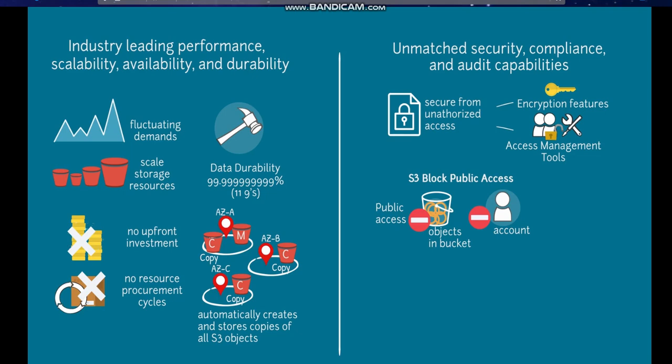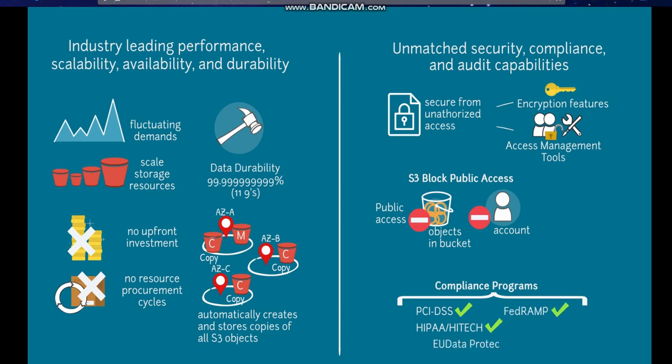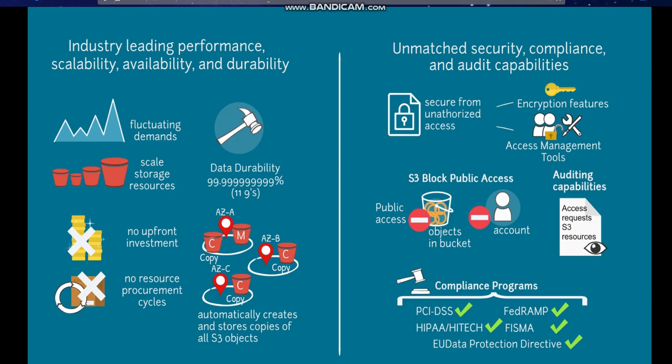You should enable block public access for all accounts and buckets that you do not want publicly accessible. S3 maintains compliance programs, such as PCI DSS, HIPAA/HITECH, FedRAMP, EU Data Protection Directive and FISMA, to help you meet regulatory requirements. AWS also supports numerous auditing capabilities to monitor access requests to your S3 resources.